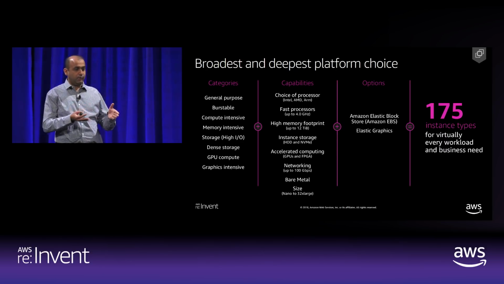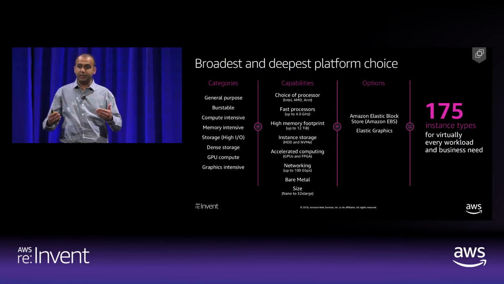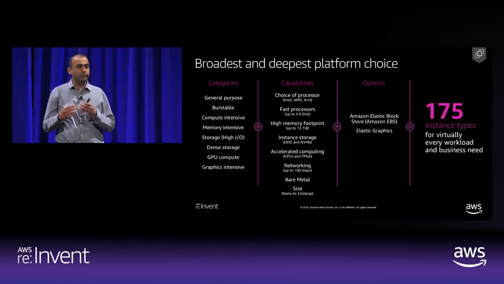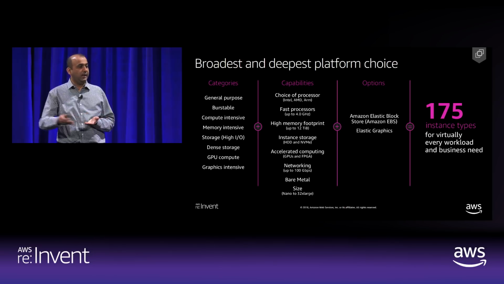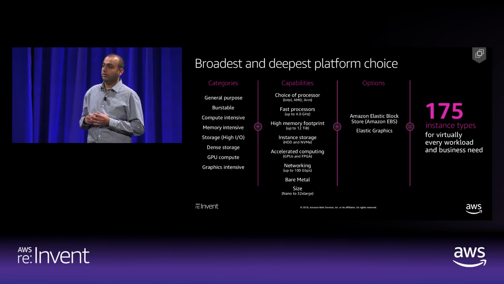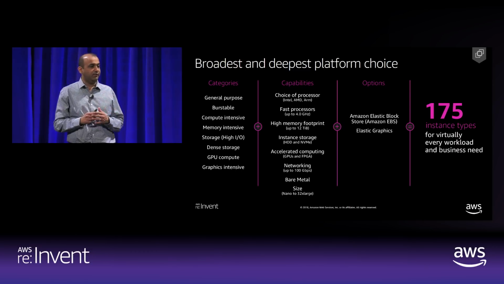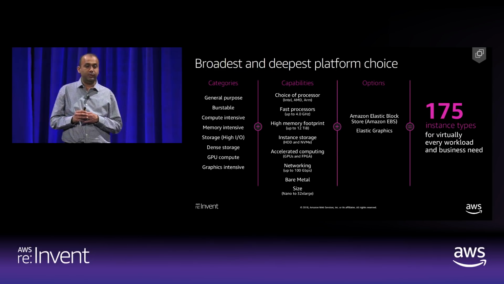In the last year, we have invested in multiple capabilities as we continue evolving these instances. Be it the choice of processors, we have brought in some of the fastest processors through our Z1D instances. We now scale our memory up to 12 terabytes for workloads such as SAP HANA. And we've also brought in capabilities for enhanced networking, such as the C5N instance that we just launched with 100 gigabits per second of networking throughput.